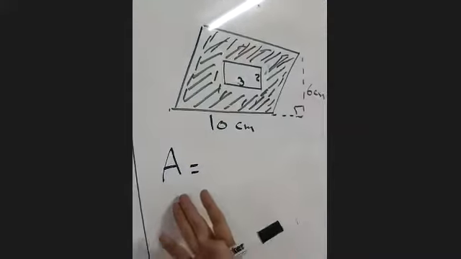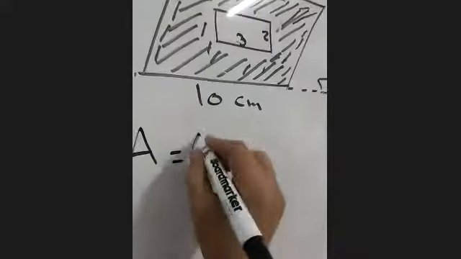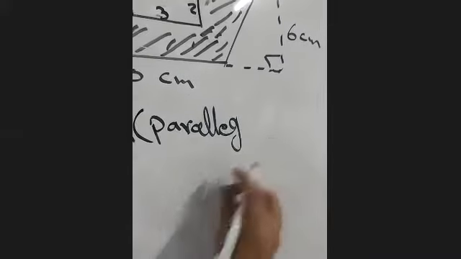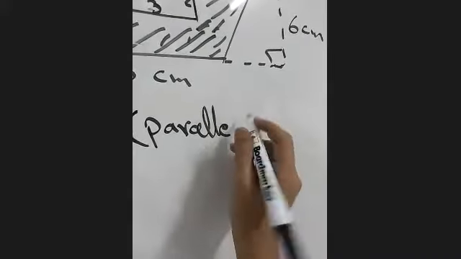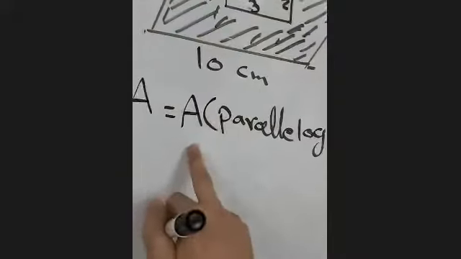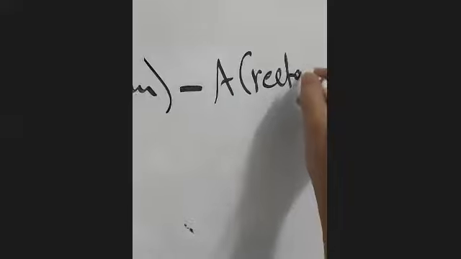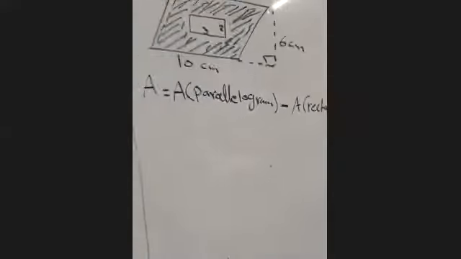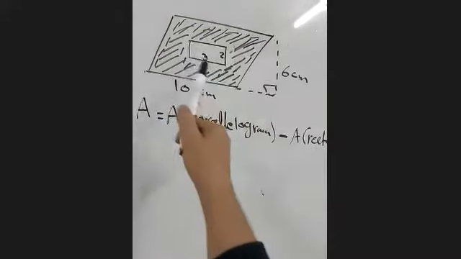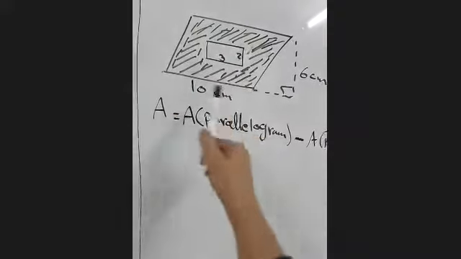So the wanted area, which is the shaded area, equals A of the parallelogram minus A of the rectangle. So the wanted area here is the whole area minus the inside area, because I want the surrounding area only.